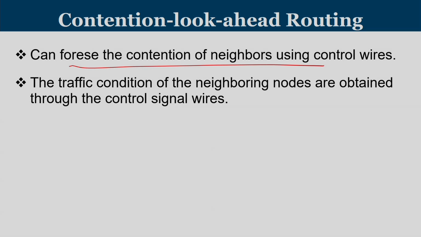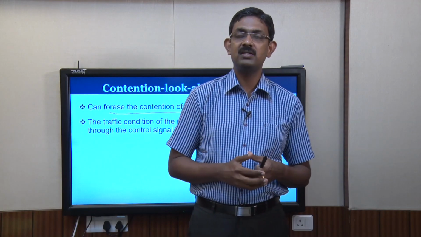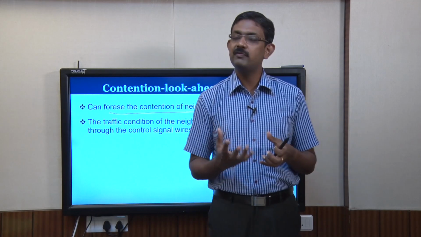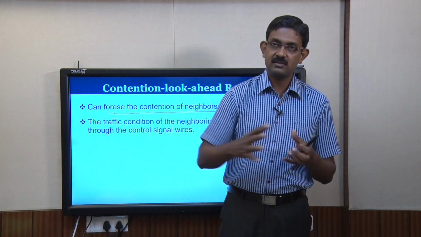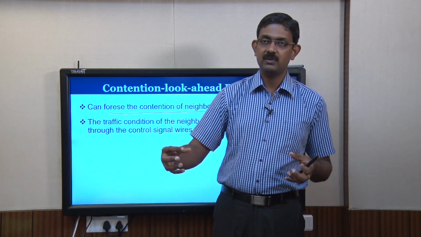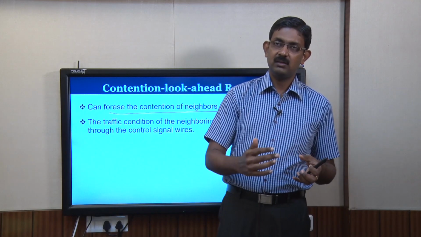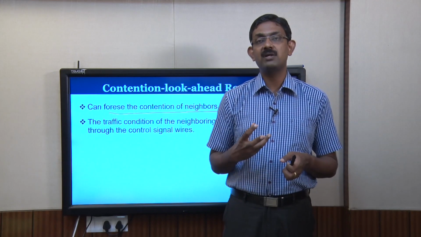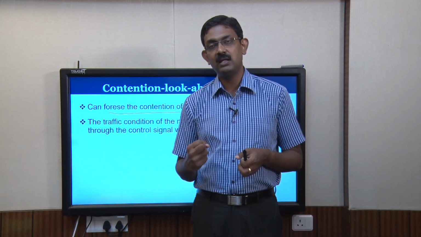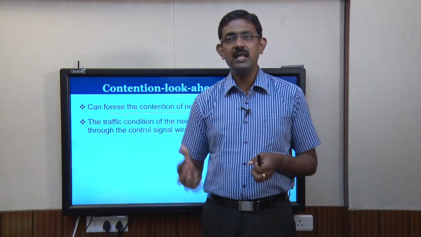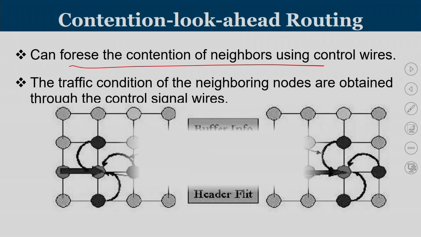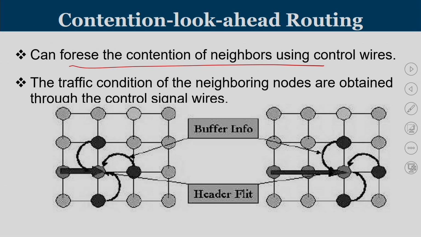So, normal data move from one tile to another through what is called the flit channel, maybe a 128-bit flit channel or 256-bit flit channel, that is the channel through which the data flows. In the reverse direction, we have a control channel which will tell some vital information about buffer availability, congestion statistics or any other parameter that will help us in improving the scenario. So, you have buffer information.